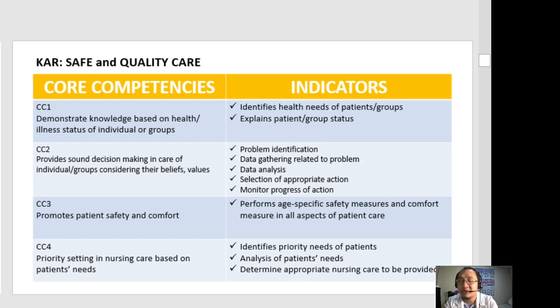So you should know how to identify the priority needs of the patient, analyze it, study it, and determine appropriate nursing care to be provided to meet the needs of your client. Okay, so that is core competency number 4 under safe and quality care.